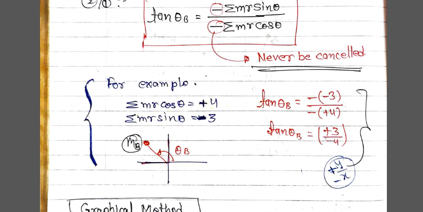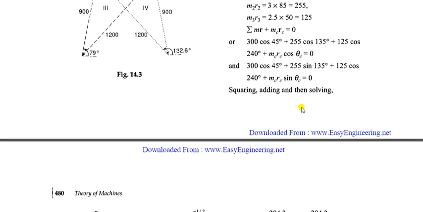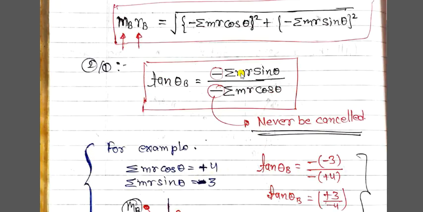So for example, come to our problem. See, sin is coming 284.2 positive, but in our formula we already have minus. So before doing it directly, don't do like that, do like this.